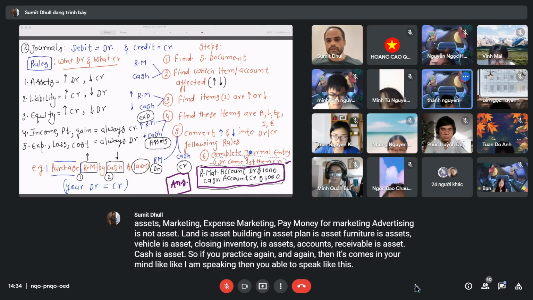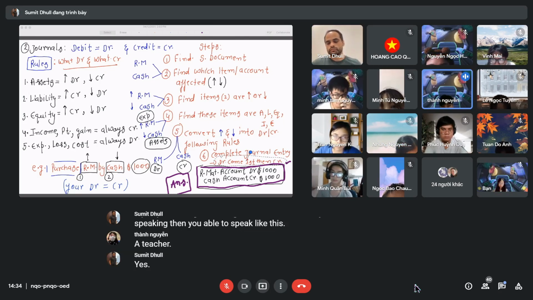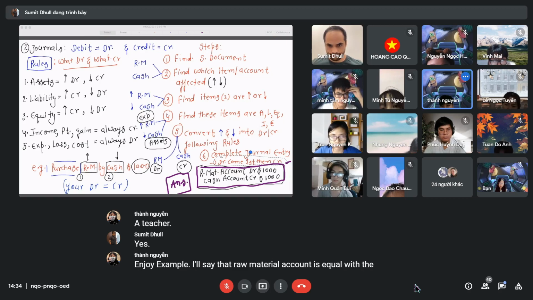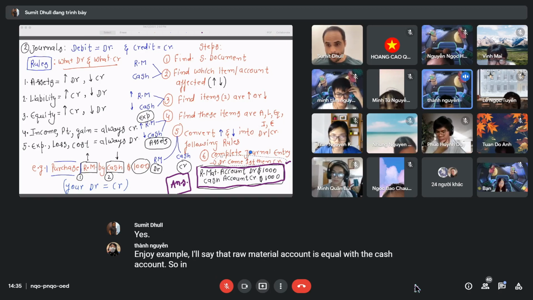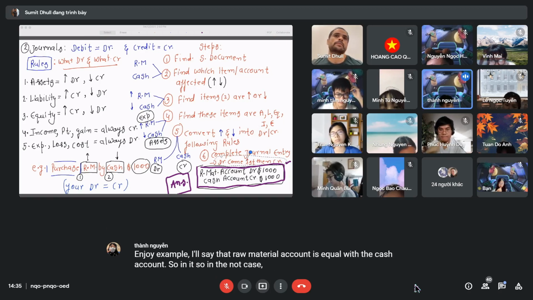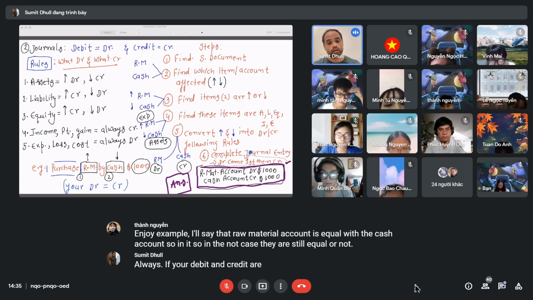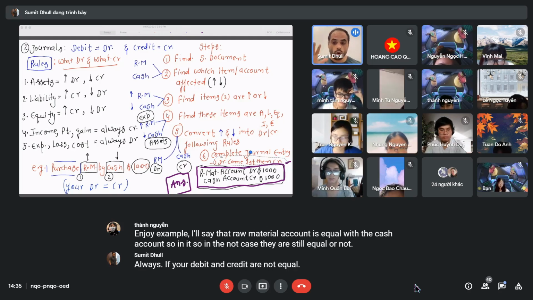Teacher, in your example, the raw material account is equal to the cash account. In the latter case, are they still equal or not? Always. If your debit and credit are not equal, you are wrong.